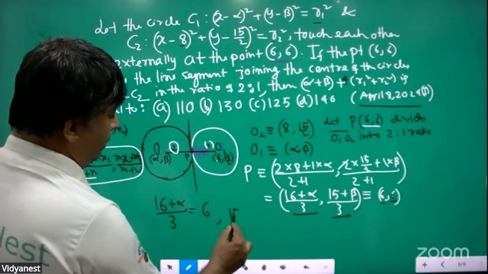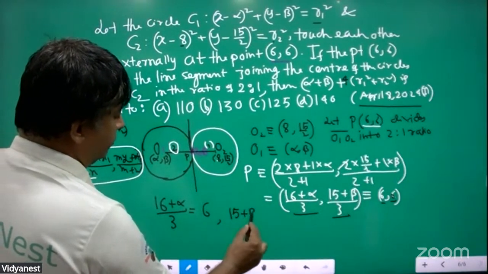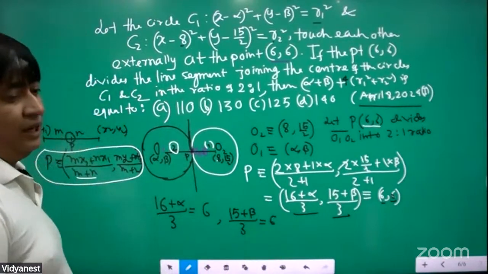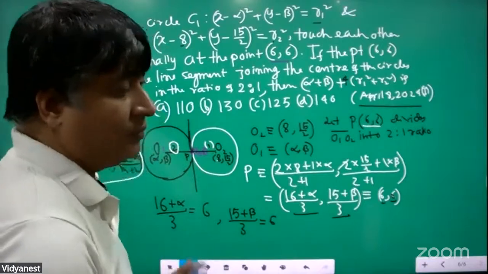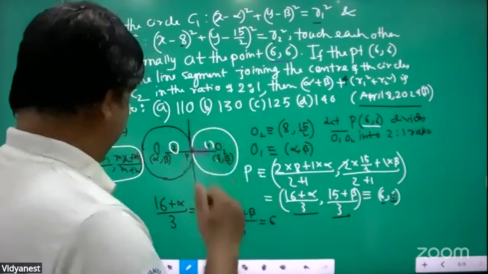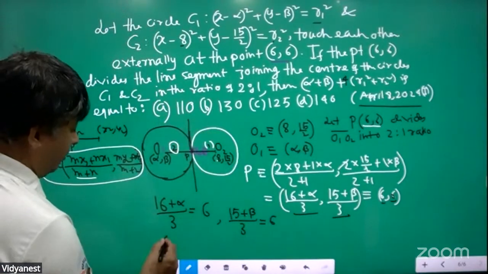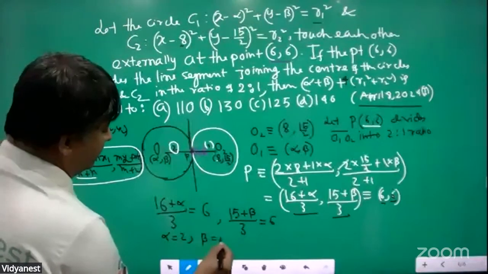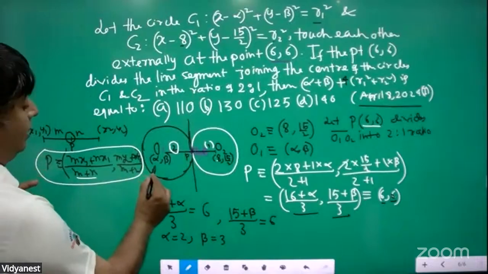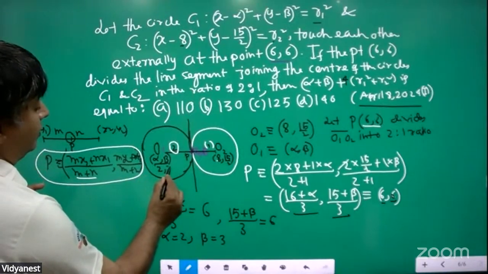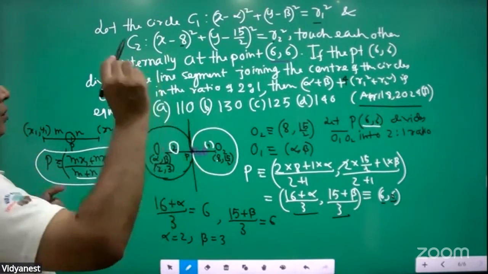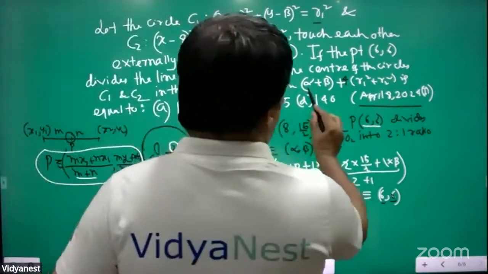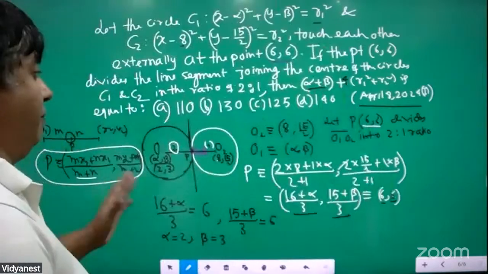Hope you are getting it. Is it so tough? No, sir. So alpha is equal to 2, beta is equal to 3. So one unknown part is extracted: alpha and beta are derived.